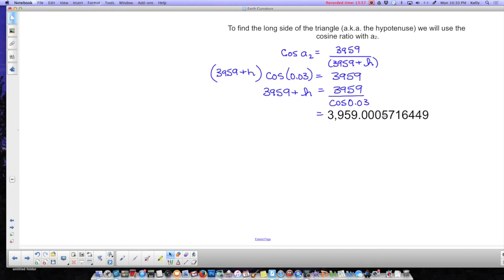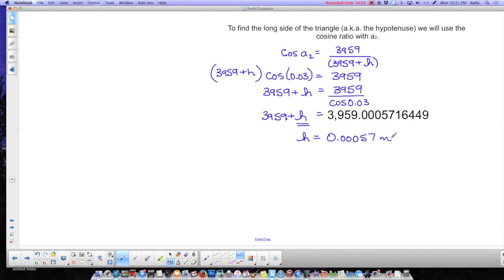Now we're not quite done because this is, first of all, in miles, and it still has this 3959 on it. I'm only interested in what the h is, so I need to subtract 3959 off of both sides, which is pretty easy because it's just going to be the decimal part of this one. So 0.00057 approximately.